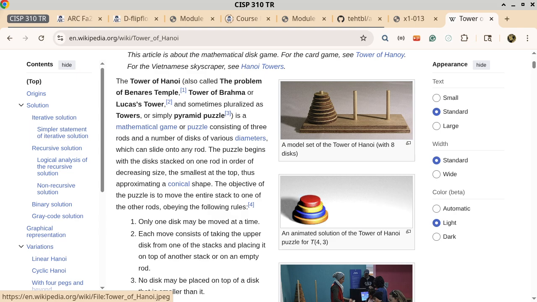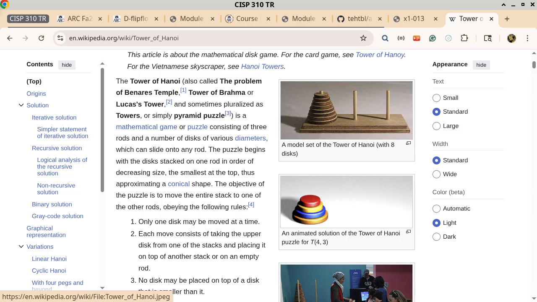The second rule says only a smaller disk can be on top of a larger disk, and you cannot flip the polarity of gravity. I'm just kidding on that one, because then people can go, oh, okay, now everything is good again. Nope, you cannot flip it. So now that becomes a little bit of a problem.